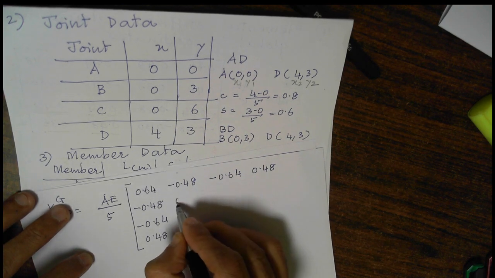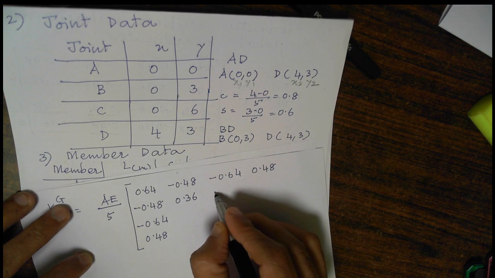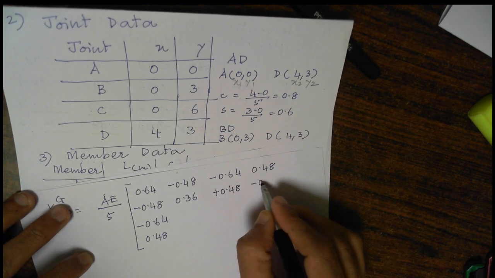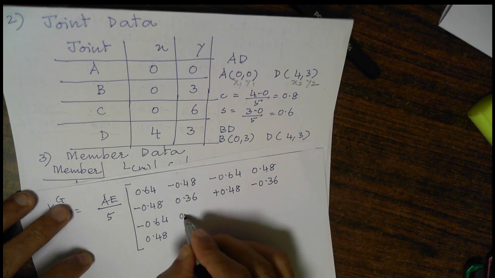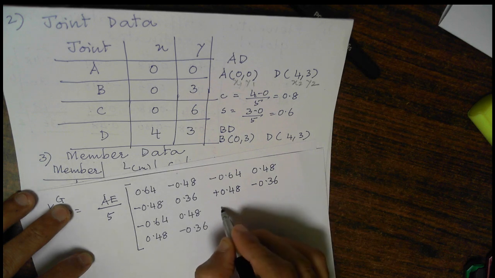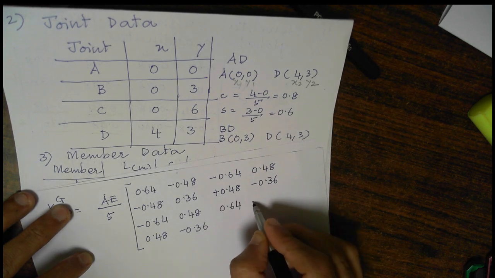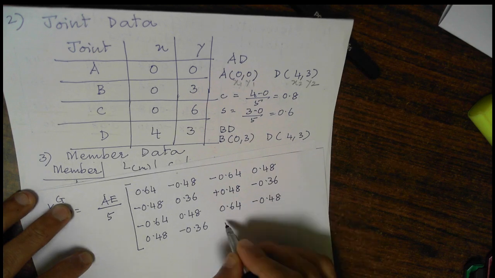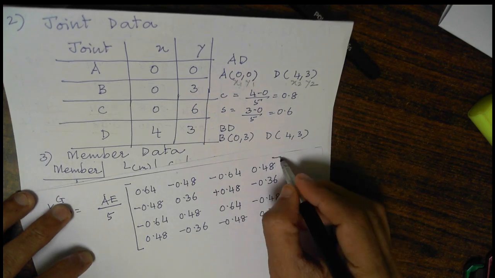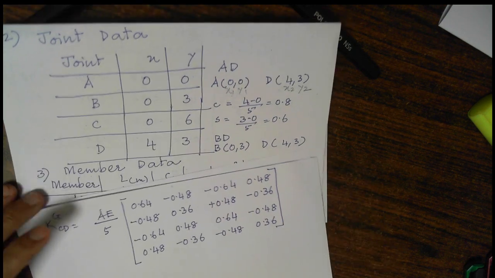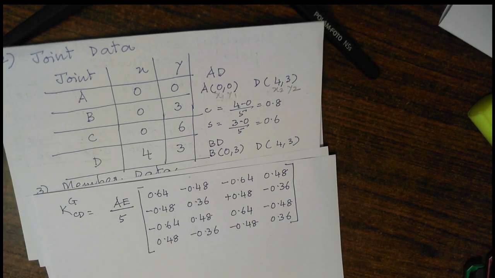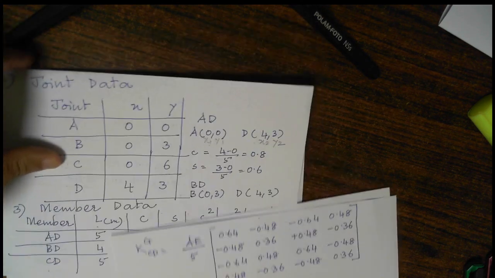This is S square 0.36, minus CS, that is plus 0.48, and minus 0.36. Now this is C square, again 0.64, and CS is minus 0.48, and this is S square, that is 0.36. This is the member stiffness matrix of member CD in global terms, AE by 5, that is AE by L common.